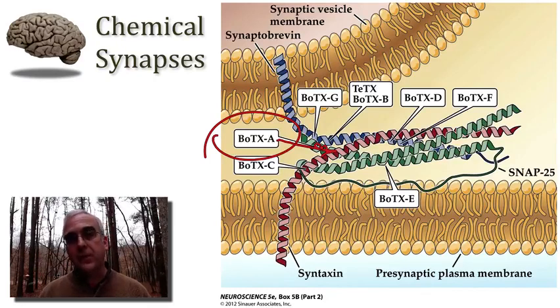So without the SNARE complex to pull those membranes together, we're very unlikely to have a fusion event, and therefore we're very unlikely to release neurotransmitter at that synaptic terminal. So Botox is a very powerful molecular tool that can be used to silence a chemical synapse.